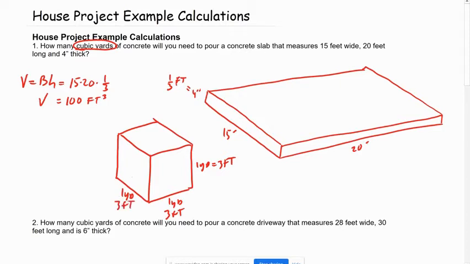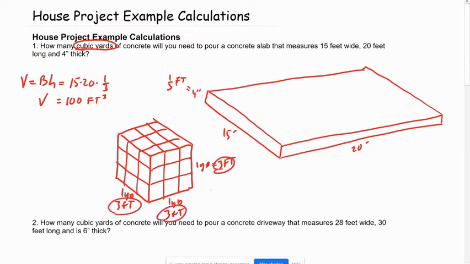And you can actually see that if you cut each yard into 3, then we see that there are actually 27 cubic feet in a cubic yard because it's 3 times 3 times 3.